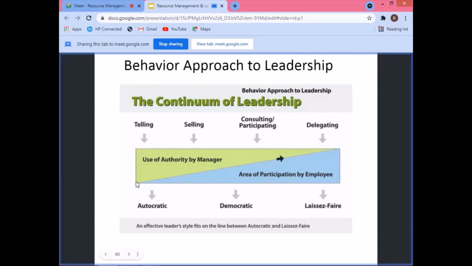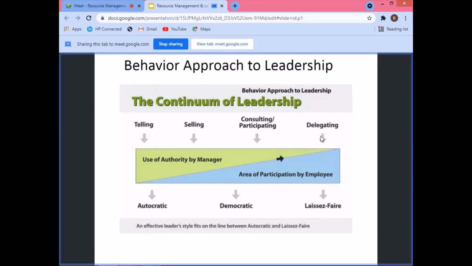This is the evolution of the continuum of leadership, from telling to selling to participating to delegating. The area of use of authority goes from bigger to lesser, and the area of participation by employee goes from less to more. We start from autocratic, become democratic, and then laissez-faire. So an effective leadership style fits on the line between autocratic and laissez-faire.